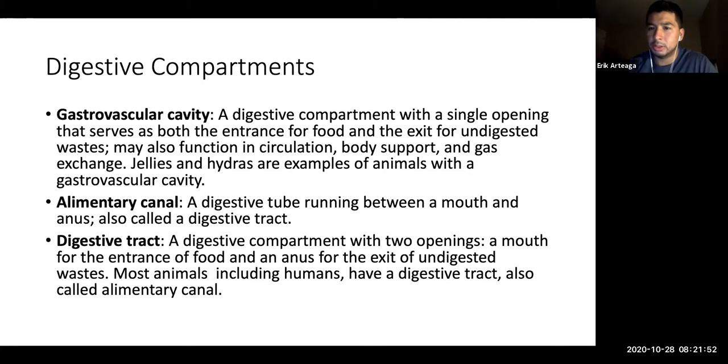That is still going to be technically exposed to the outside world. Okay. Digestive tract. This is a digestive compartment with two openings, a mouth for the entrance of food and an anus for the exit of undigested waste. Most animals, including humans, have a digestive tract, also called an alimentary canal. Okay.